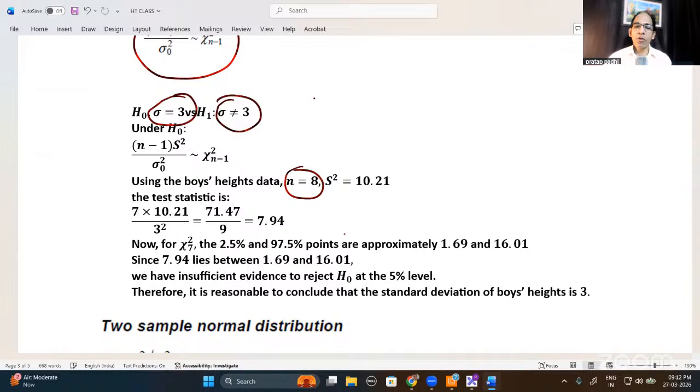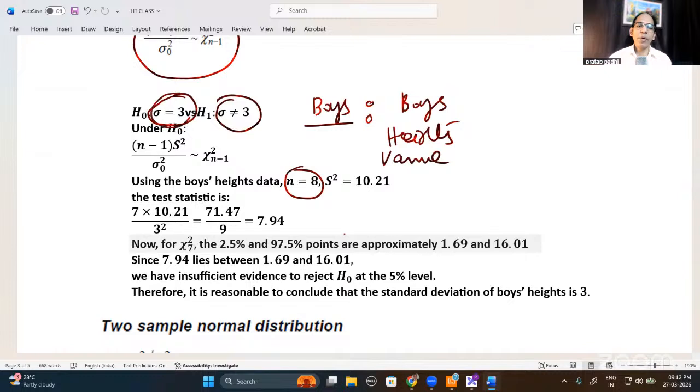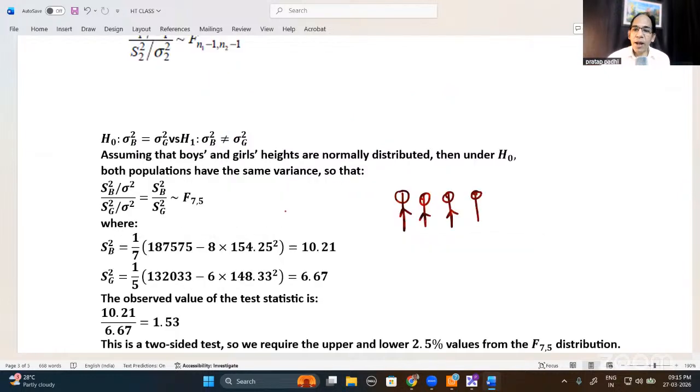That means again we are considering boys. So we want to know the variation of boys' heights. That's where we are checking for sigma, the standard deviation, whether the standard deviation among the heights of the boys is still the same.